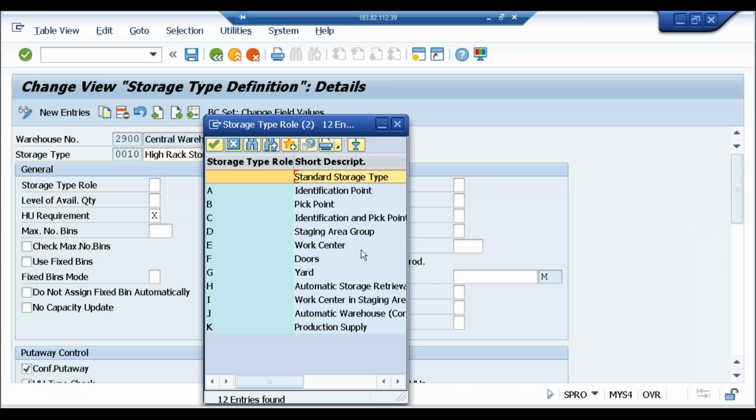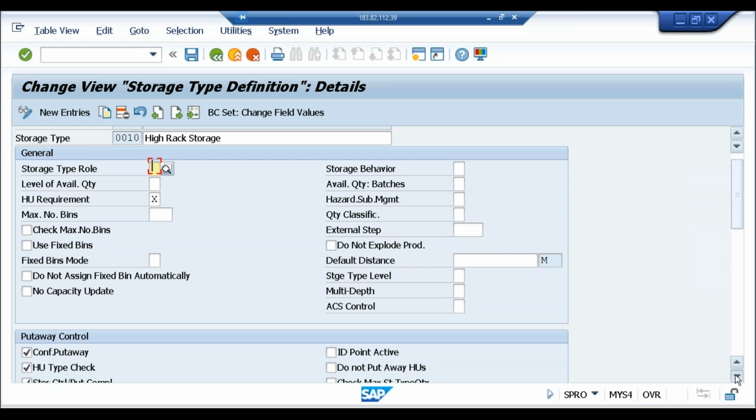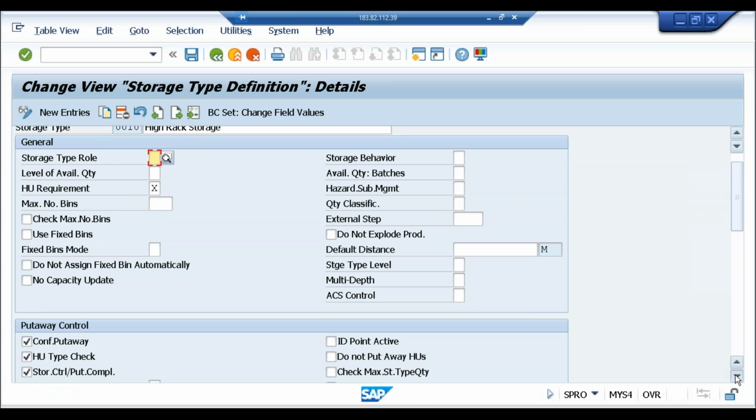The main key thing which differentiates the storage types and gives a clear idea of their behavior, the attribute of the behavior of a particular storage type, is its role. That is the key thing. In the next class we'll be discussing the complete storage type configuration, each and every field, and which are the important fields at the put away control level.